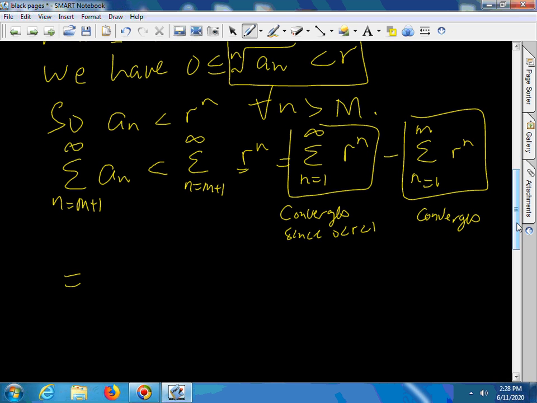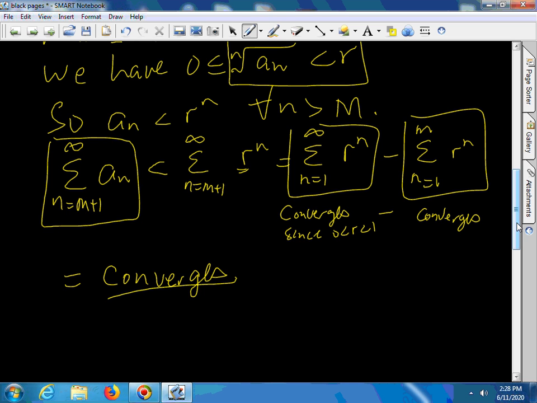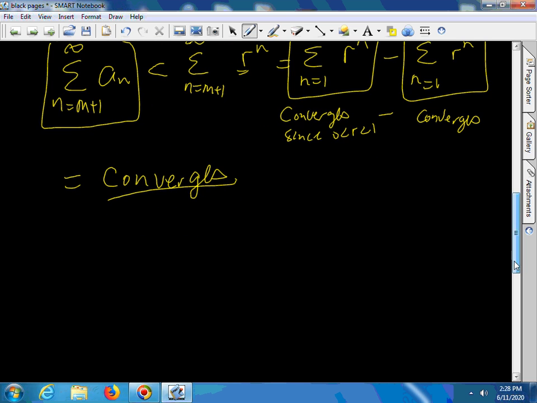So you subtract two convergent series, it converges. So this is less than a convergent series. Well, this is less than something that converges.